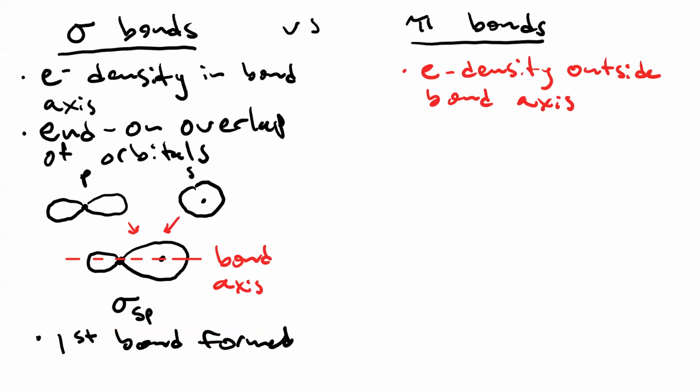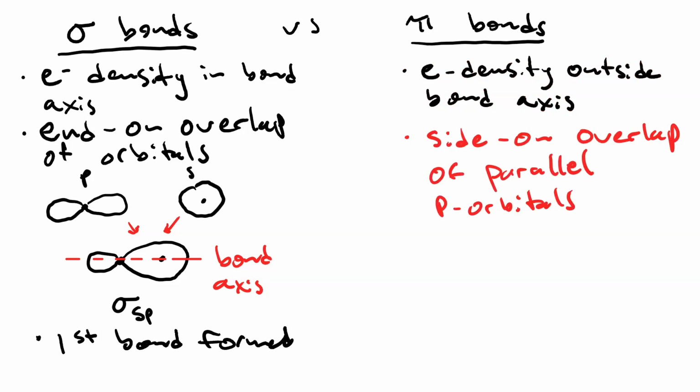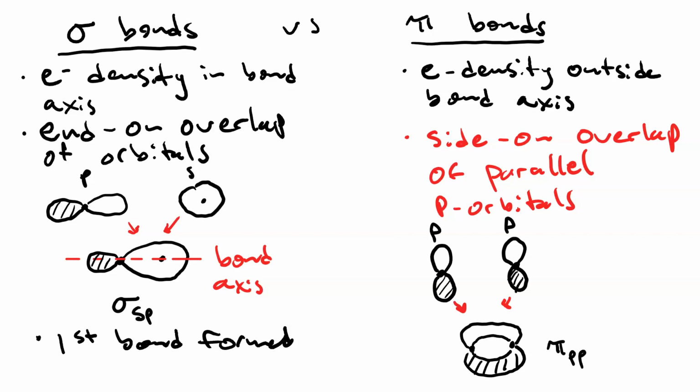Pi bonds, on the other hand, have their electron density outside of the bond axis. This is caused by side-on overlap of parallel p orbitals. There's a set of p orbitals parallel to each other on two different atoms. When you move them together, you get this pi pp bond.